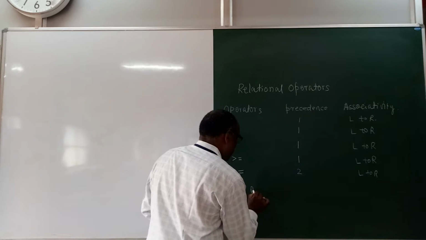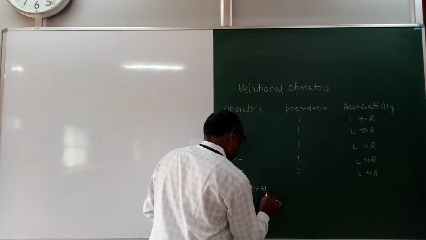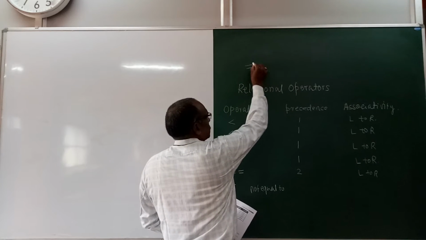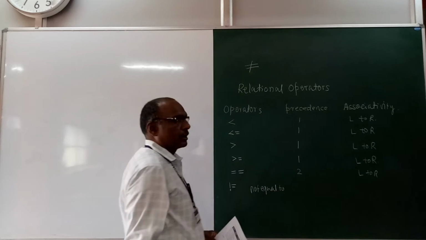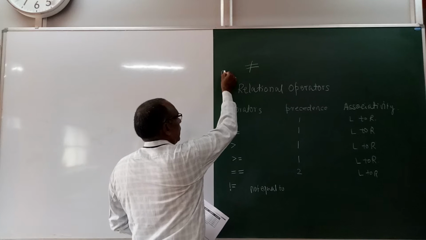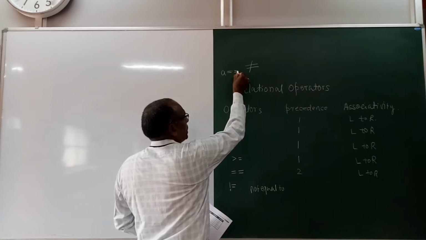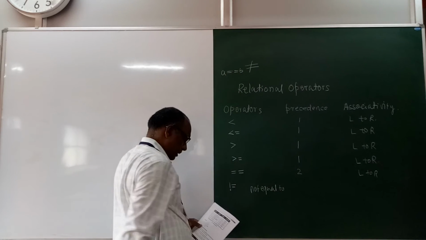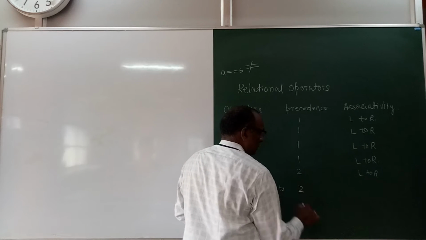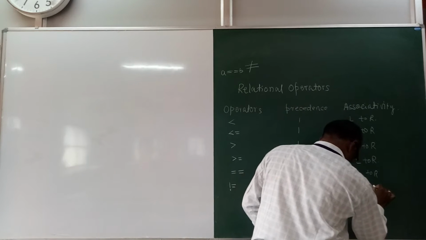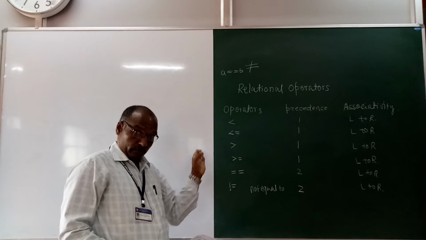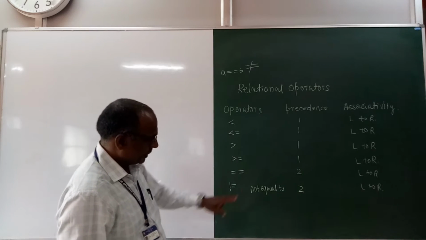I'll write here the meaning, not equal to. Here it is equal to, say A equal to B, we write thus. Its precedence, not equal to, is 2, and again it is left to right. All these operators are evaluated from left to right.